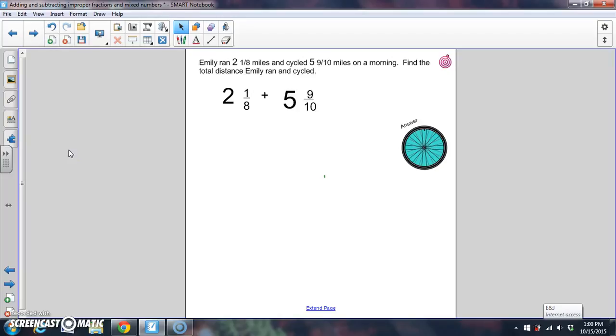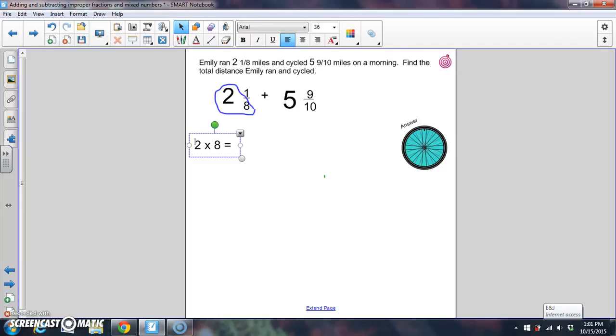Emily ran 2 1/8 miles and then cycled 5 9/10 miles on a morning. Let's find the total distance that she ran and cycled. We're going to multiply the whole number times the denominator. 2 times 8 is 16.